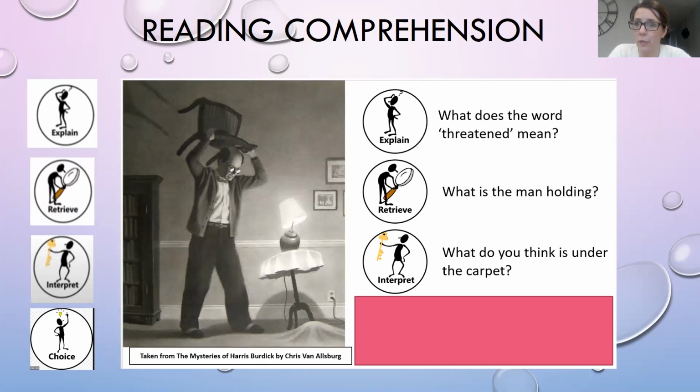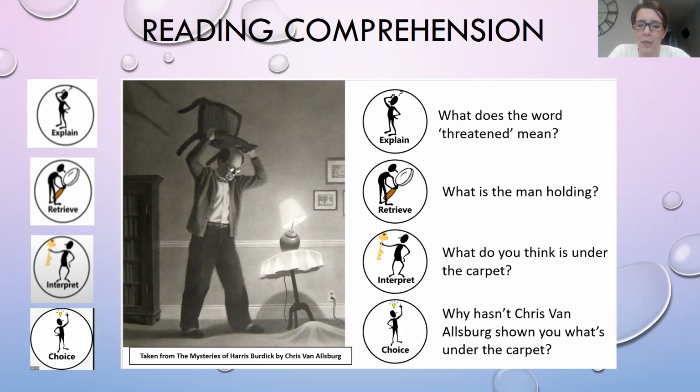Lots of you might have put different answers for this one, which is absolutely fine. I think, well, it can't be a spider, because you wouldn't get a spider under the carpet that big. So I know it's not a spider. Maybe it might be a mouse or a rat or some sort of animal. What did you think?